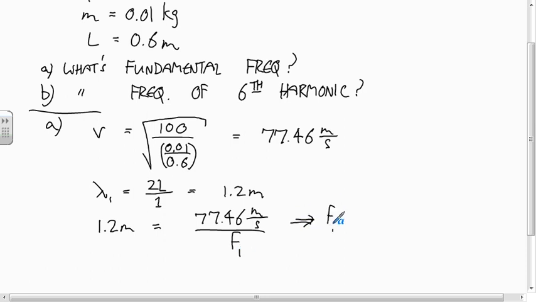And so the fundamental frequency is equal to 77.46 divided by 1.2. And so you get 64.5 hertz.